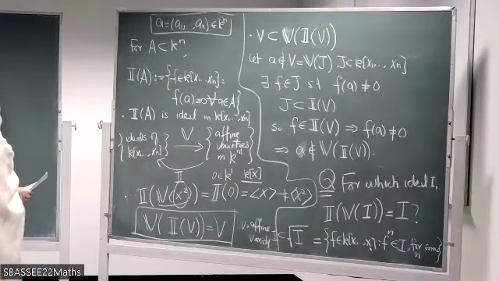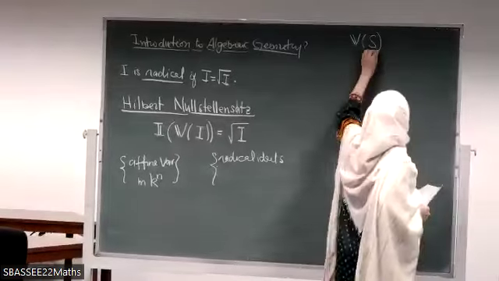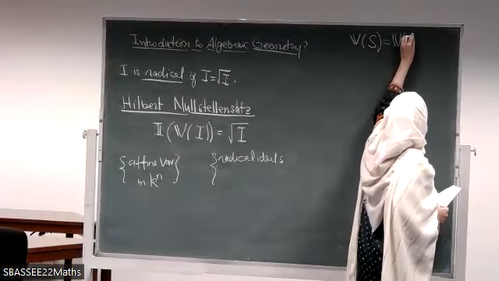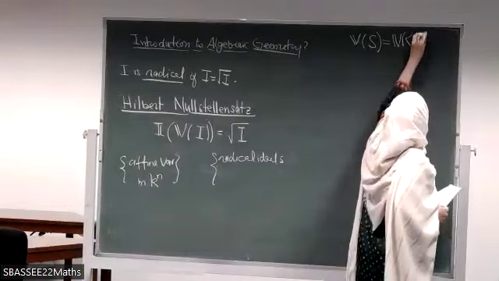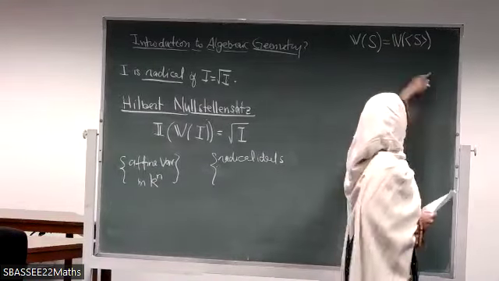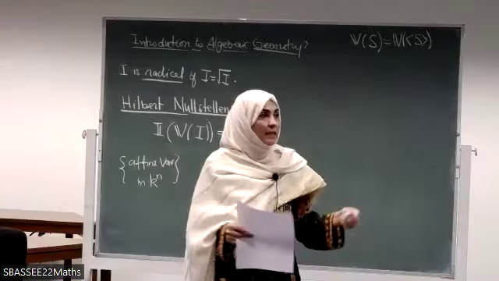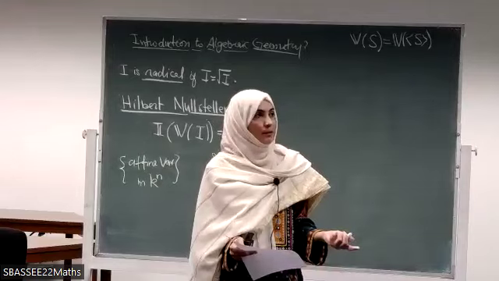As I said, if you have a set S, the variety is the same as that of the ideal generated by S. And here you can choose any set of generators of that ideal. So these polynomials are not unique.